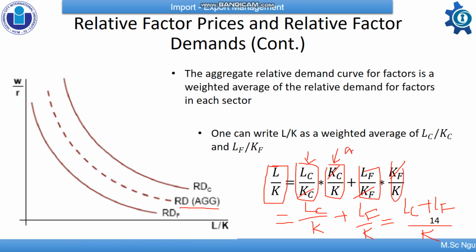So the aggregate relative demand for labor to capital is equal to the weighted average of the relative demand for labor to capital in the cloth production sector and the relative demand for labor to capital in food production.